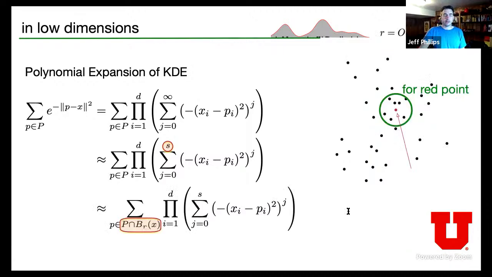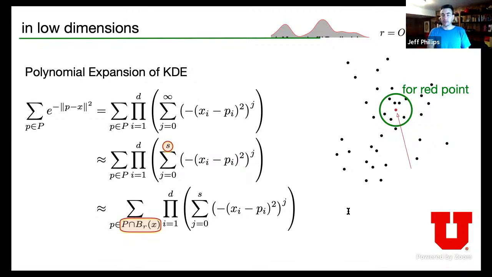And the observation here is that we only need to look at the points nearby. If we get points that are very far away, the effect of the kernel goes to 0. So we only need to look at points in some neighborhood of size basically square root log n.